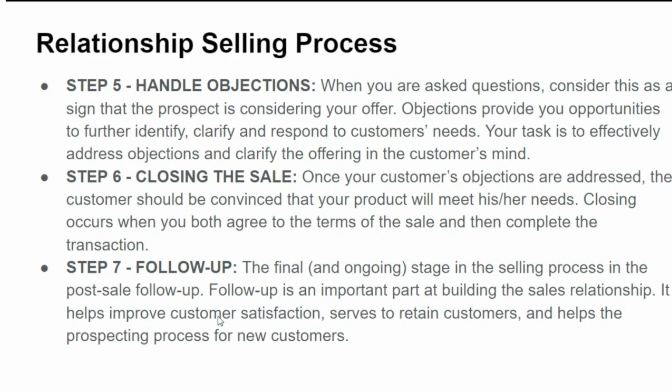Now, you need to be clear, when did that occur? It's difficult to determine, but you do need to think about, is this a time where I've answered all the objections so that we can actually go ahead and do a deal here? Sometimes there'll be further objections raised and you'll end up going back to step 5, but effectively somewhere between 5 and 6 is where you're saying, listen, let's do a deal. The final stage is really looking at follow-up.